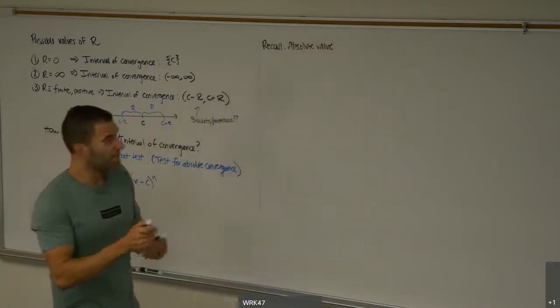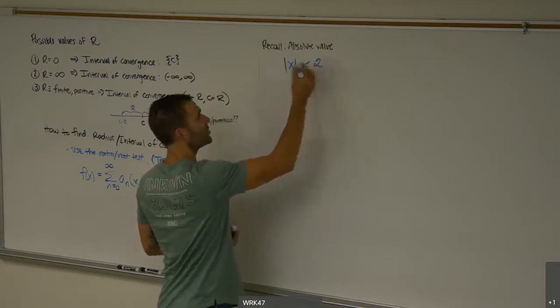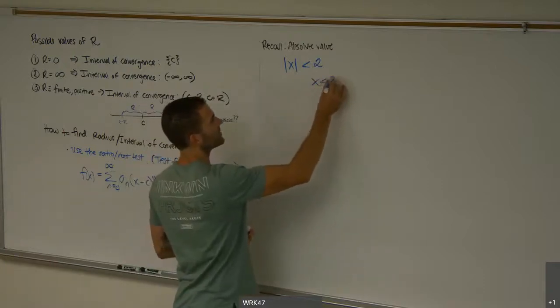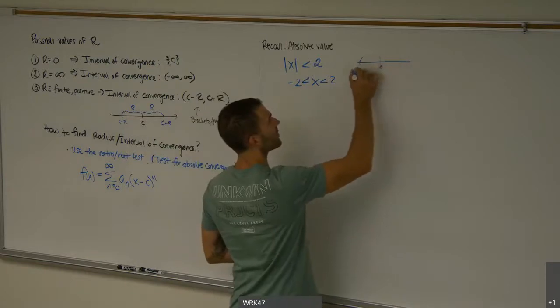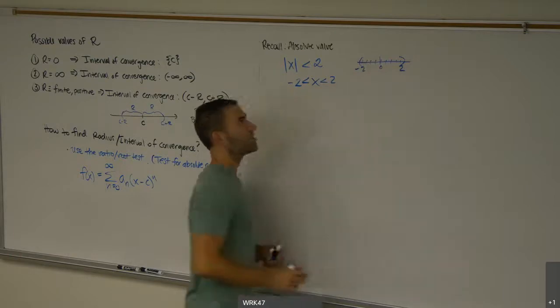If you have some sort of statement, for example, like the absolute value of x is less than 2, that doesn't just mean x is less than 2. That means x is less than 2 or greater than negative 2. It means on the number line centered at 0, you have this interval between negative 2 and 2.